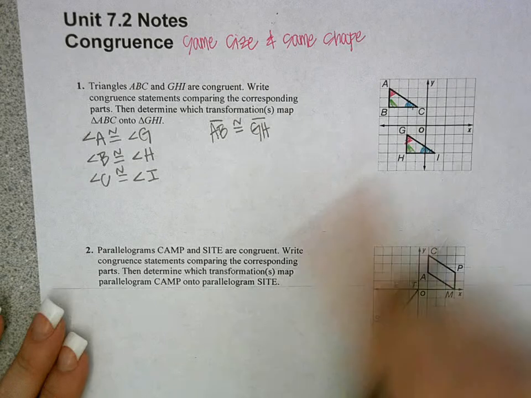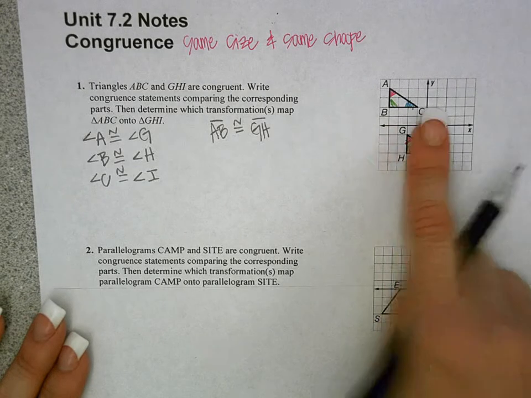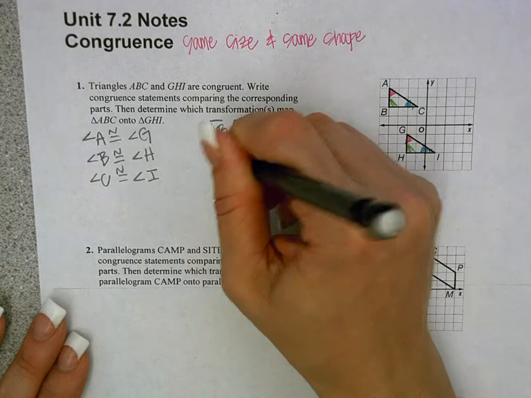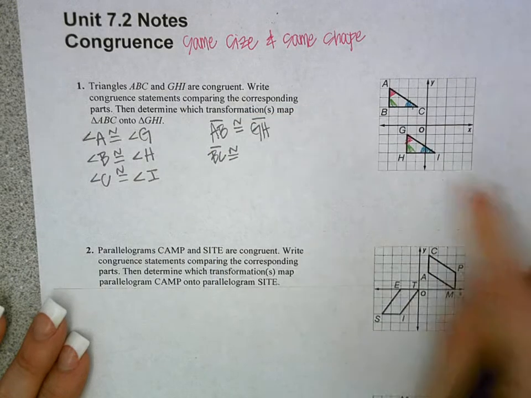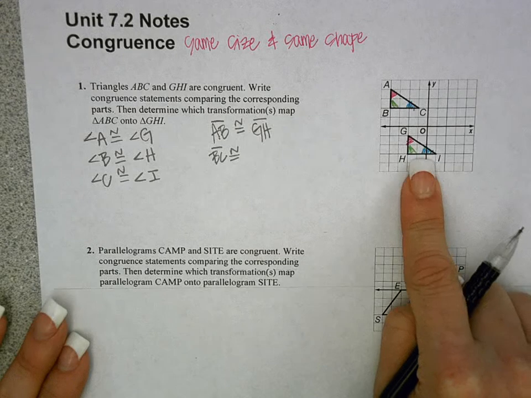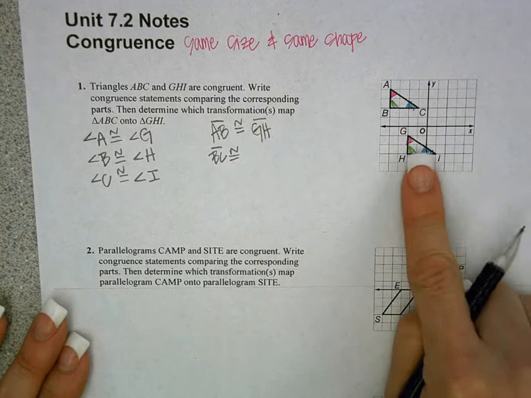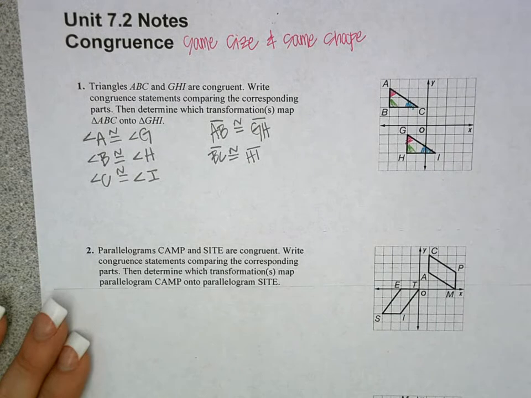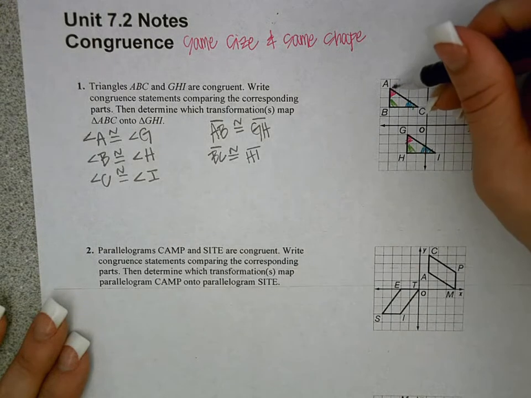Now, what's the next one? If I wanted to go green to blue, BC, and you have to write the little line above it, that tells you it's a line. Is congruent to, how would you name this side? HI. We went from green to blue, so green to blue, HI. And then the last side is which one? AC.